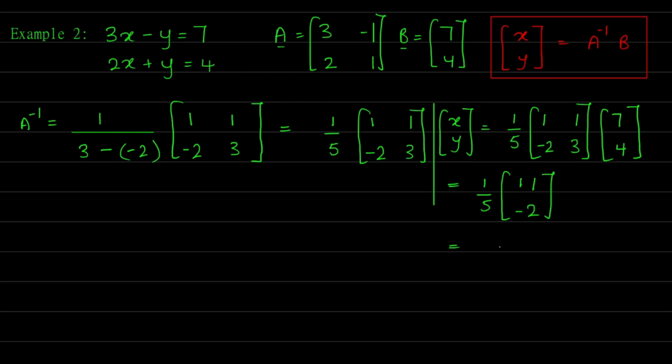And that gives us 11 over 5 and minus 2 over 5.